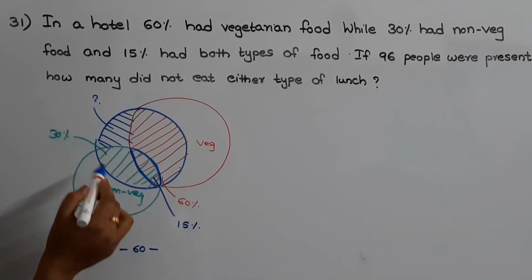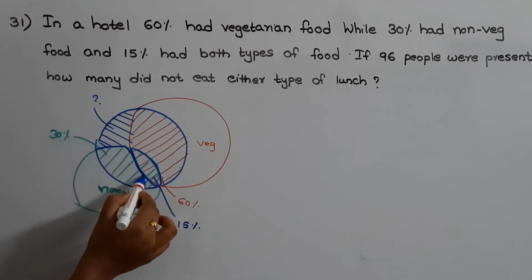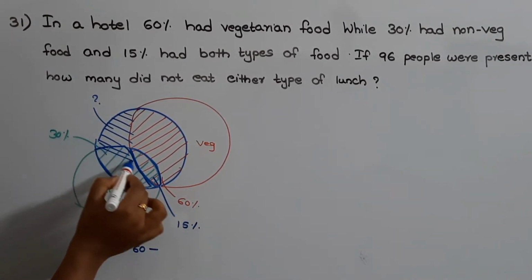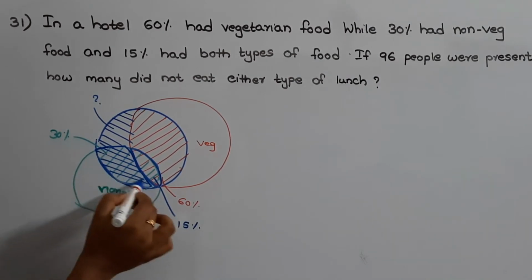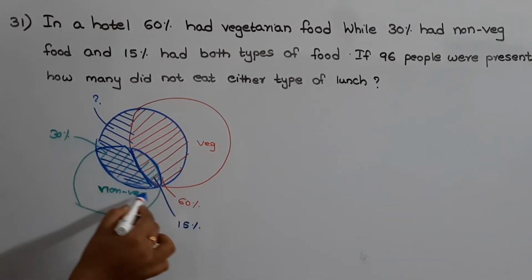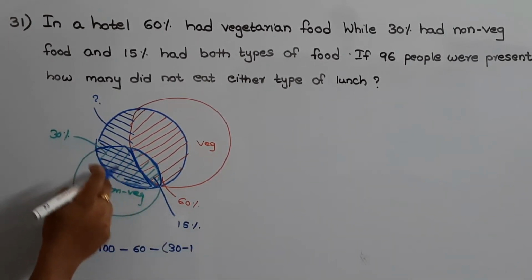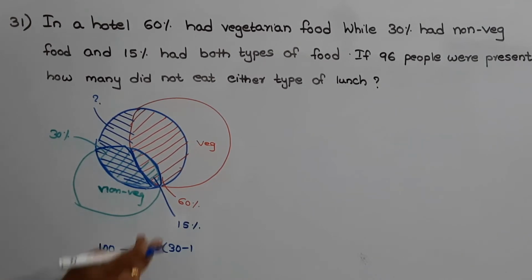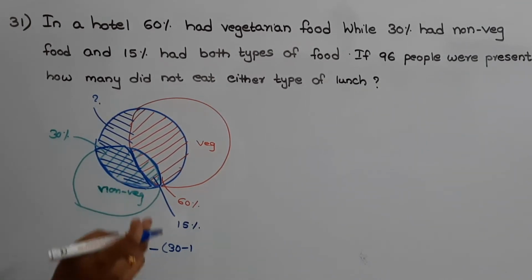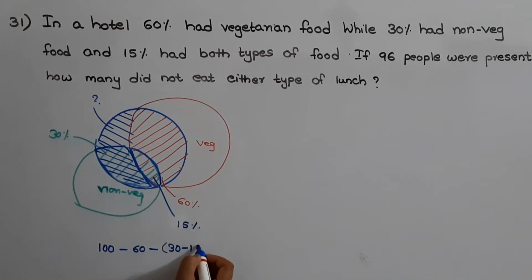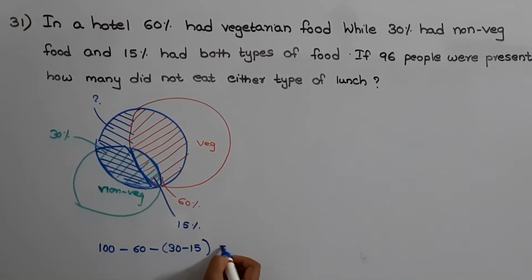So now we need to subtract only this part. This is equal to 30 minus 15. 30 is the shaded portion of the green color, and 15 is the shaded portion of the green color and red color. Now if you do this, you will get the value as 25%.